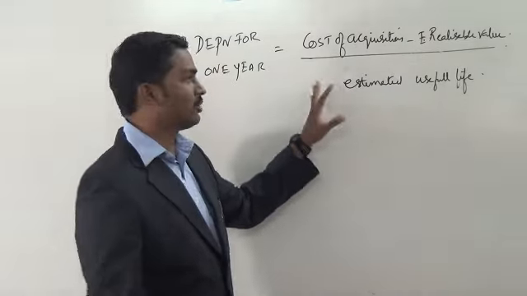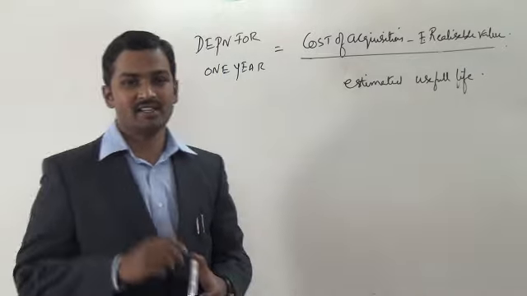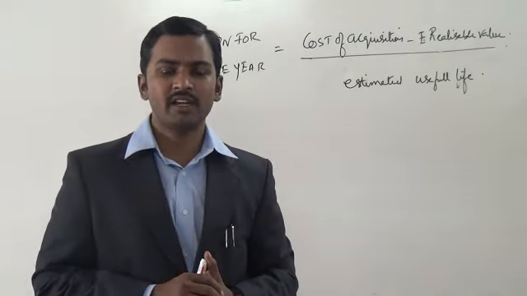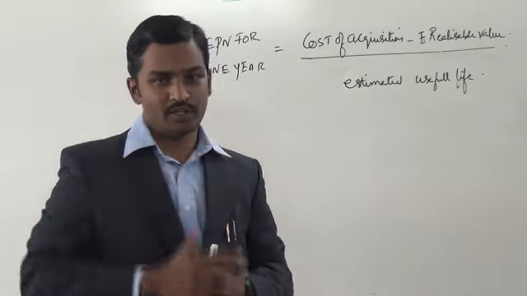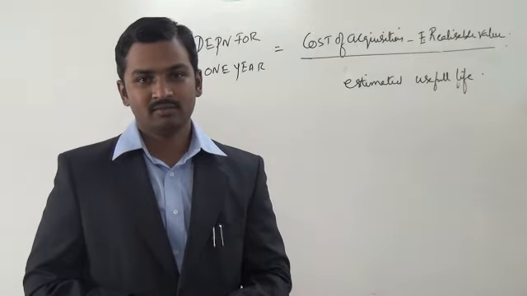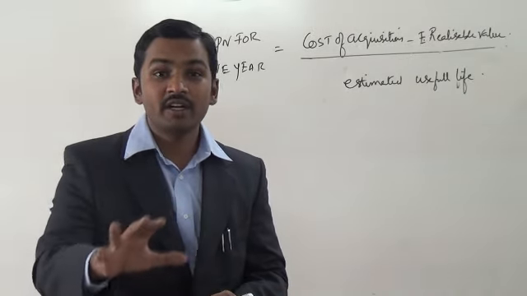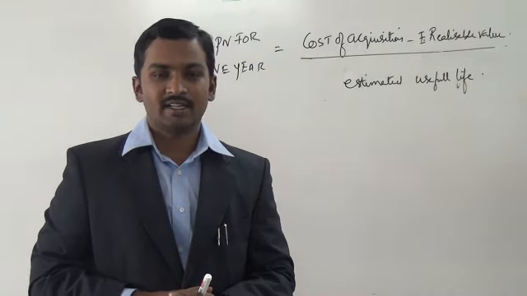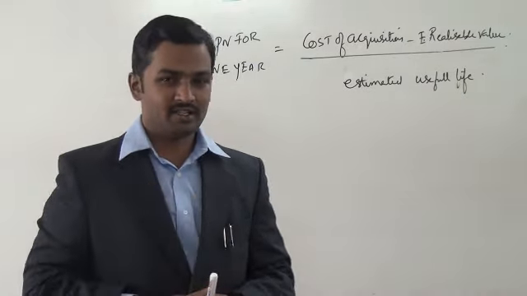See, I'll give a simple example to understand this point. Let us say we have acquired a building by spending 22 lakh rupees today. We have acquired a building today by paying 22 lakh rupees, and we know that it is going to give me a life of 20 years.